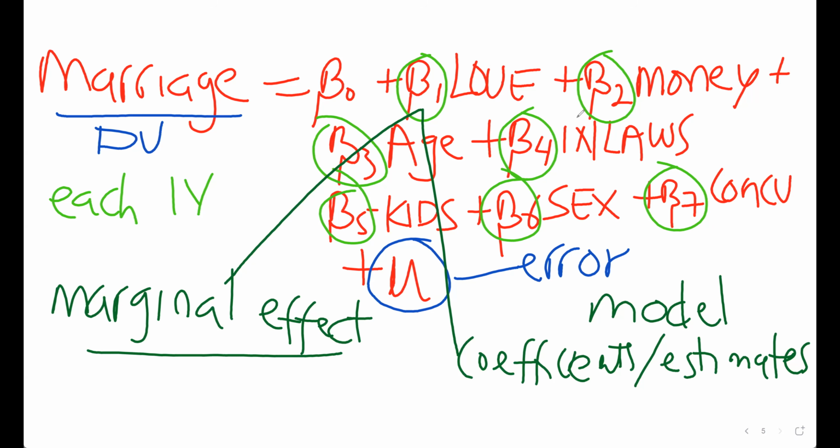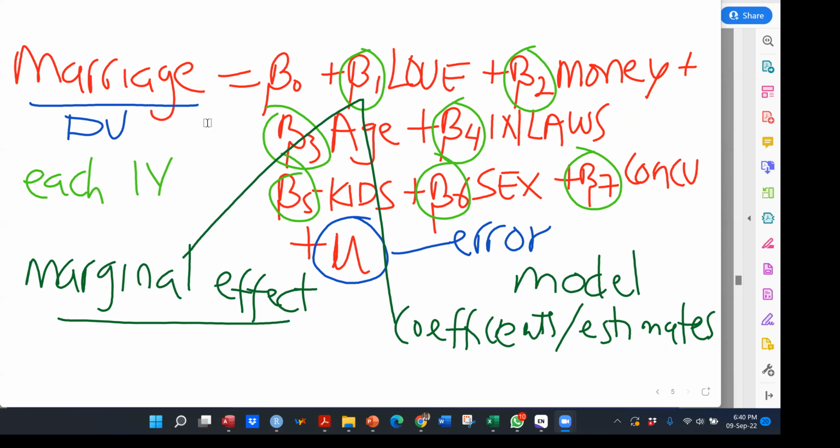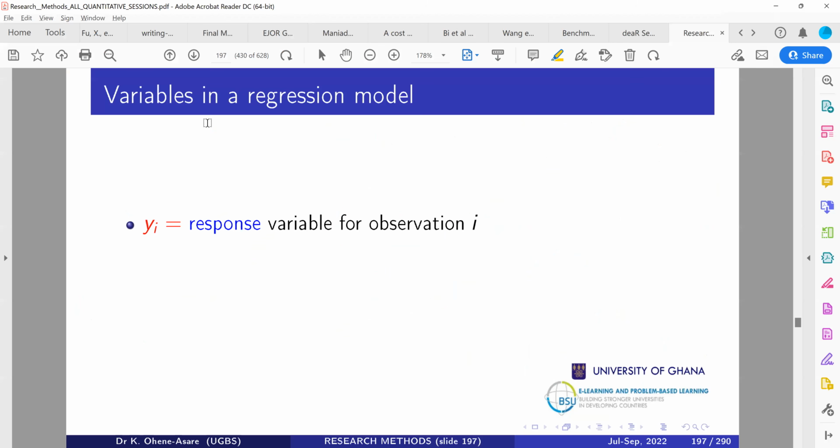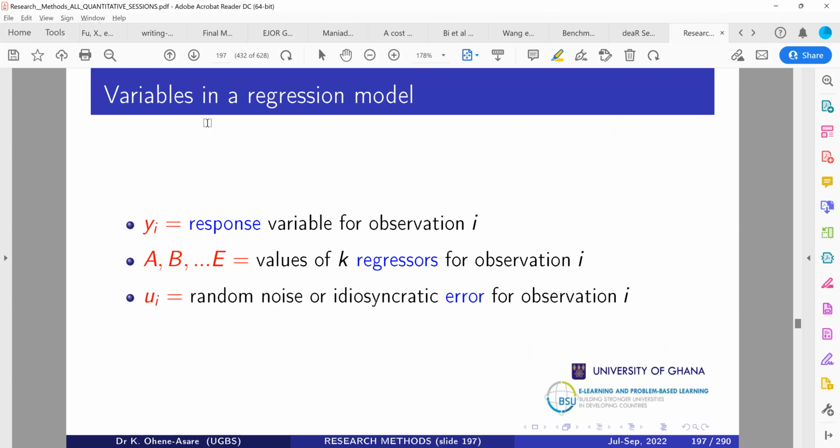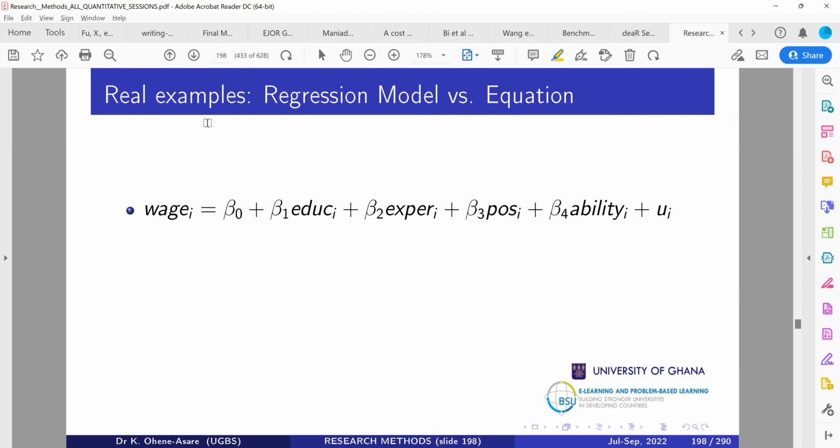Let's take a practical one, and I'm going to ask you to mention some things for me. So let me go back to the drawing board. Follow me here. What I showed you was a multiple regression. Now I want you to look on the screen.